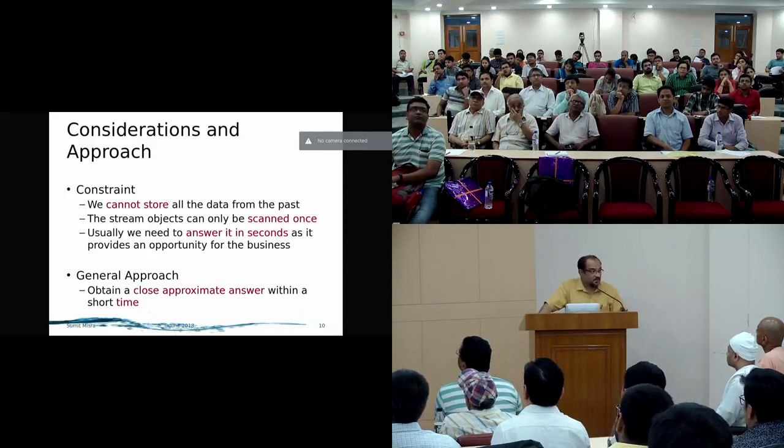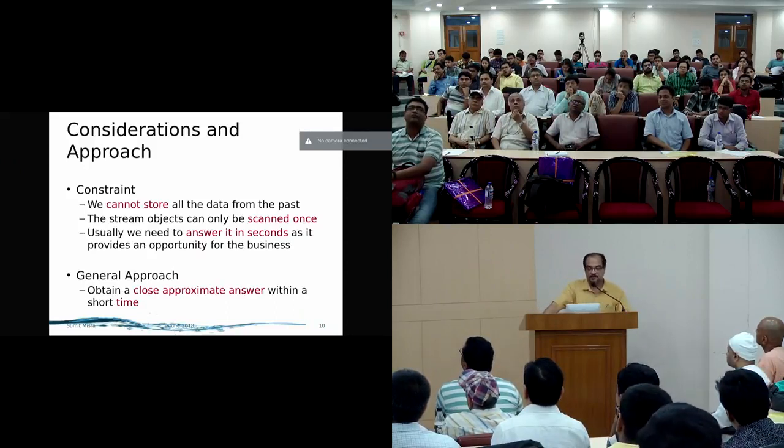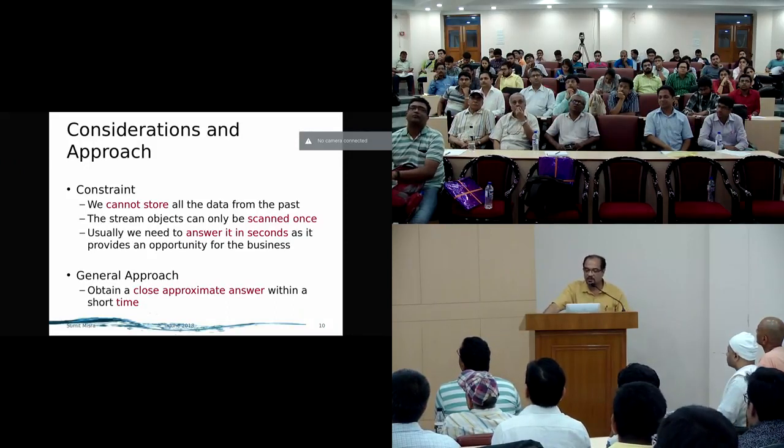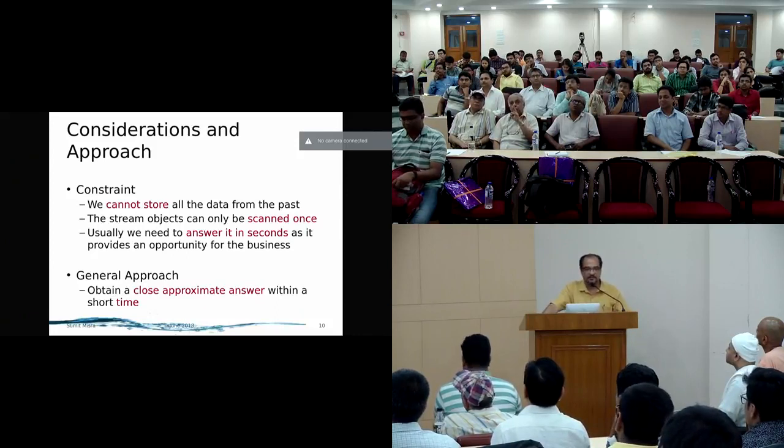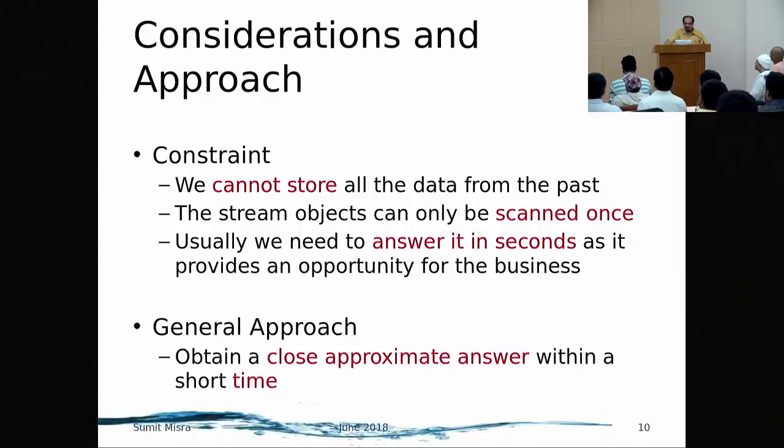Okay, so the constraint that we have in data stream analytics is we cannot store all the data from the past. When Professor Chandan Mukherjee was talking, he also mentioned this. The stream objects can be scanned only once because you cannot store, it just flashes by, that's it. You have only one chance to look at it, do whatever you want to do, and then that's gone.